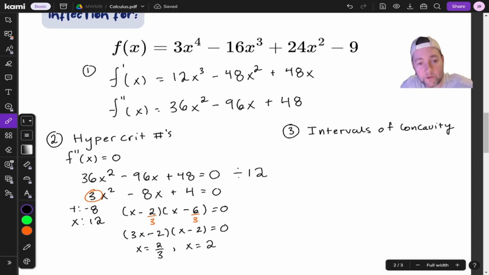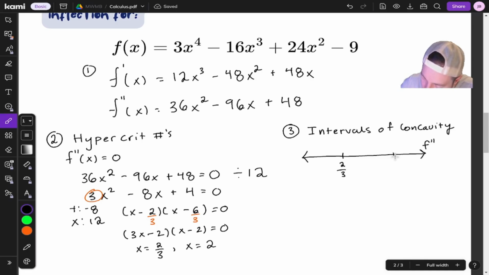So again, there's no guarantee that they will. This is a polynomial, it will for sure, but for a rational function it might not. So we make our number line. On our number line, we put double prime, because that's the derivative we're looking at, the second derivative. And then on my number line, I put 2 over 3, and then 2.